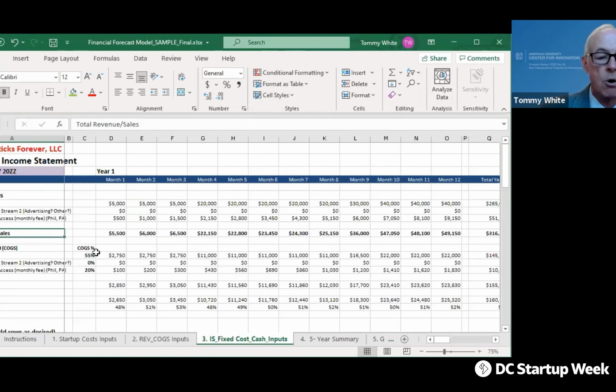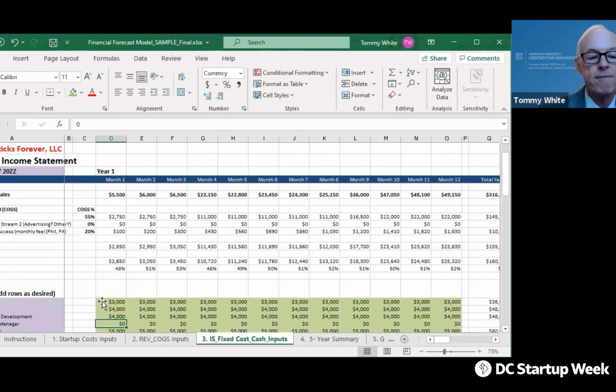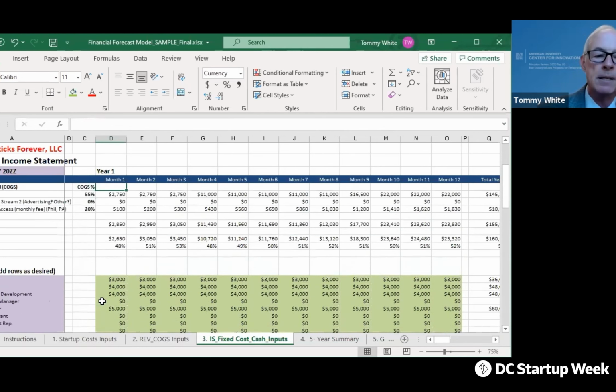I have my cost of goods sold here. Same thing. My cost for making it has now been aggregated based on the number of lacrosse sticks and the subscription models that I'm selling here. So my total cost of goods sold for each of the months is here. And then my gross margin, which is revenues minus cost of goods sold, gets us this gross margin. That's how much money I have left each month to pay for everything else in my business model.